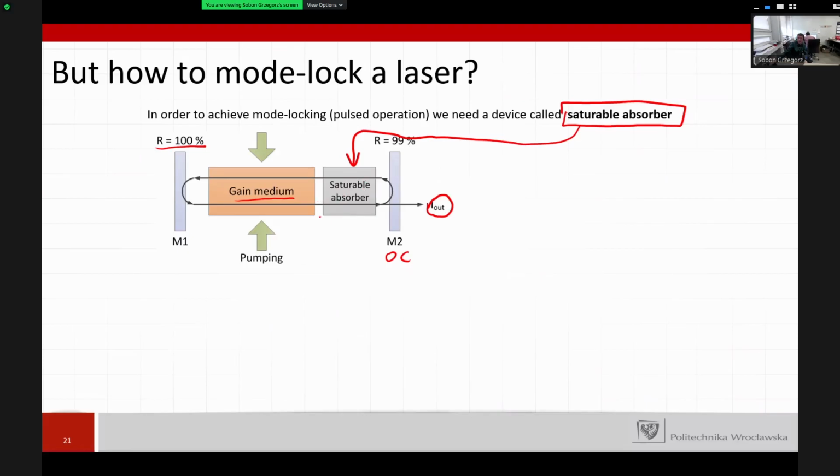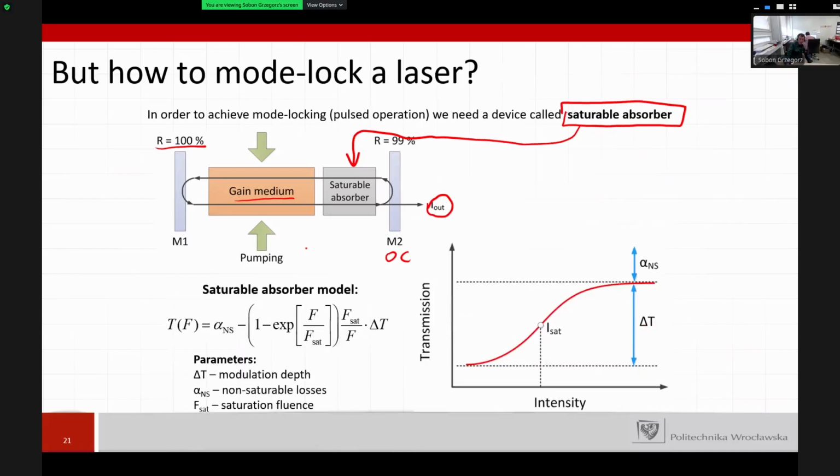So what is so special about this saturable absorber? It's a device which has a nonlinear transmission function versus intensity of the incoming light. This nonlinear transmittance curve looks like that. It means that the transmission of this device increases when we increase the power that we apply to it.